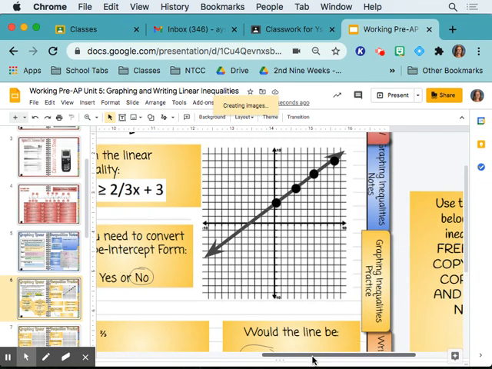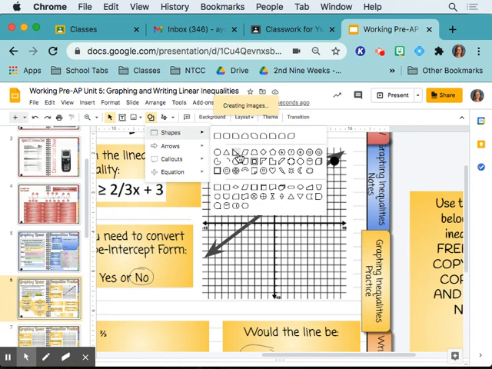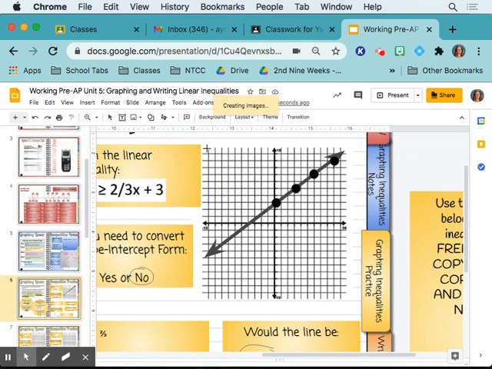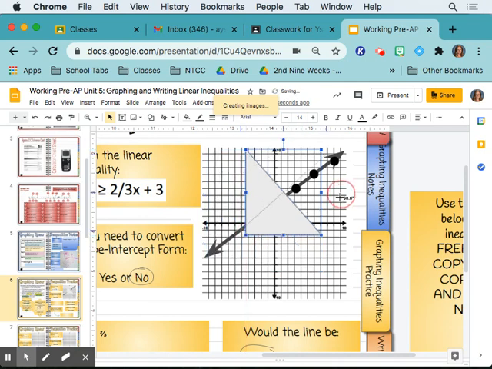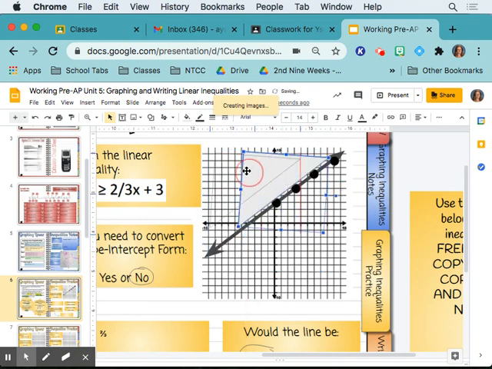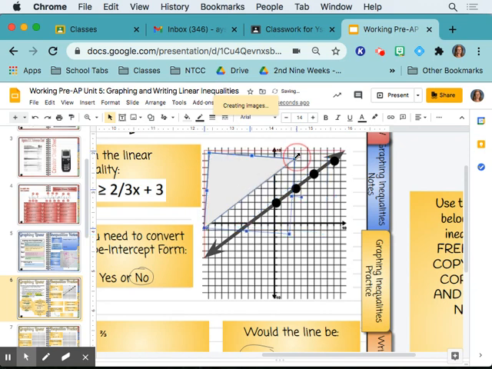What would be one way to shade above here? What about a triangle? Is there a right triangle that we could do? Yeah. So we would do like, hold on, rotate it to match. I need to rotate it a little bit more.